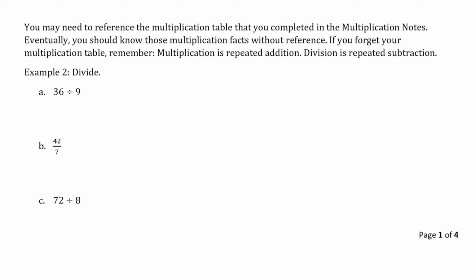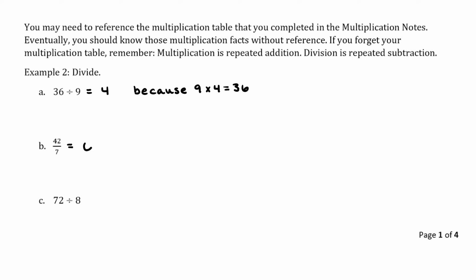So here, 36 divided by 9 is going to equal 4 because we know from that table that 9 times 4 equals 36. Okay, let's do 42 divided by 7.